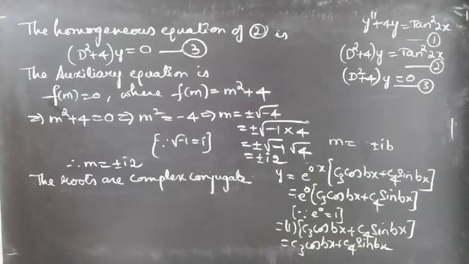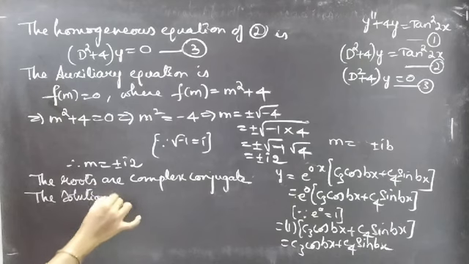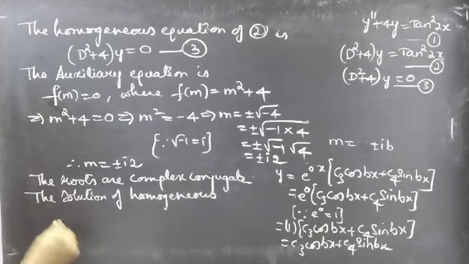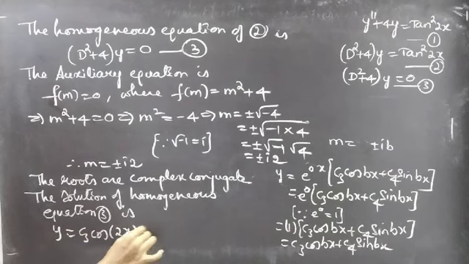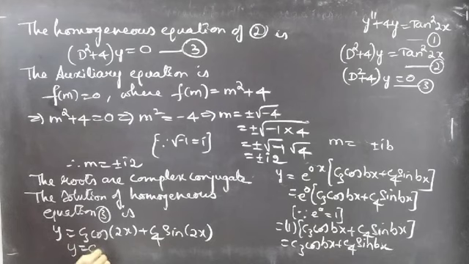Now compare plus or minus 2i with plus or minus ib, then for b equals 2, we get the solution of the homogeneous equation, that is equation 3: y equal to C3 cos 2x plus C4 sin 2x.